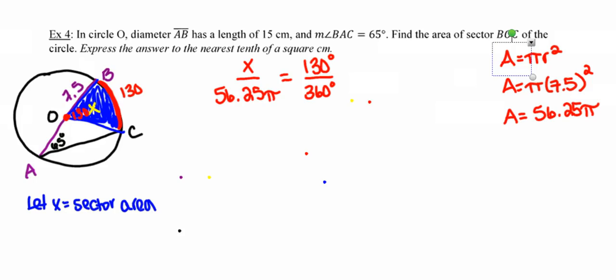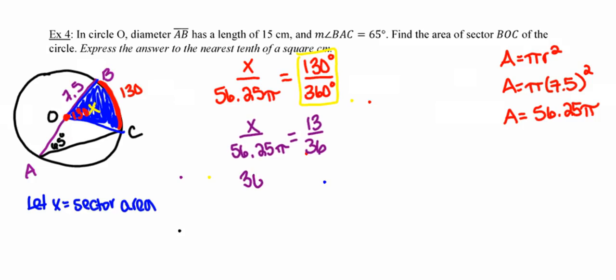So once again, I'm going to simplify that on my calculator. And when I simplify that, I find that it ends up being 13 out of 36. Cross multiplication will give me 36x is equal to 731.25 pi.